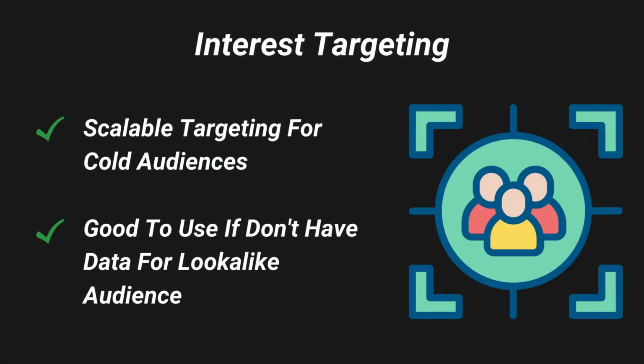I'm not saying interests are not good, because what's still good about using specific interests is that they are still scalable for cold audiences. And if you don't have any data on your audiences, interest is where you want to begin, as it still works as long as you target them correctly. Now, I do have a full video going into more detail about how to find the best specific interests in 2022, where I'll leave a link below.